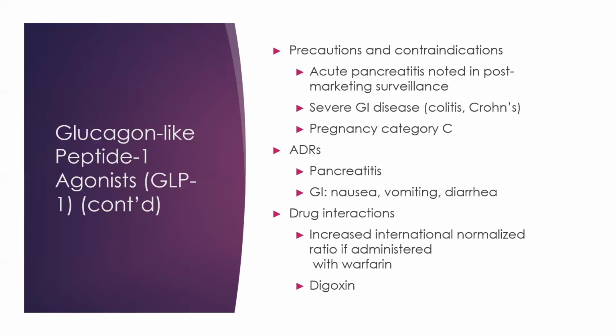It has a black box warning for the Bydureon for thyroid C cell tumors, which have developed in animal studies. It's unknown if it causes these tumors in humans. Contraindicated in hypersensitivity, end-stage renal disease, diabetic ketoacidosis, personal or family history of medullary thyroid cancer, and multiple endocrine neoplasia syndrome type 2.